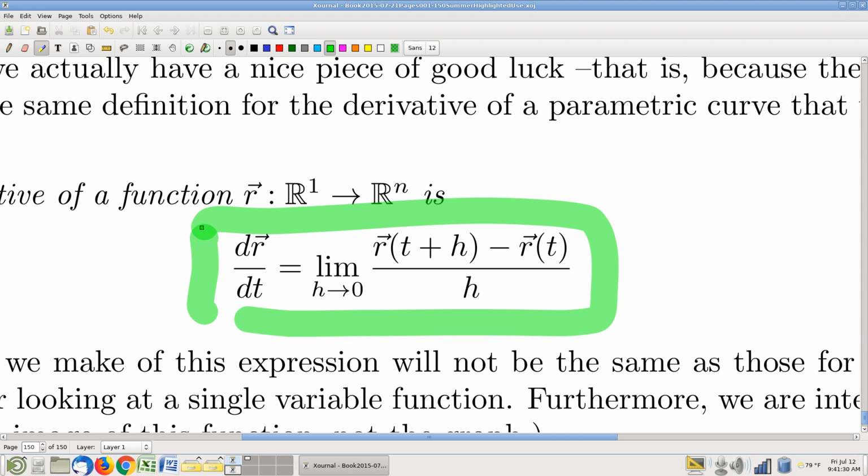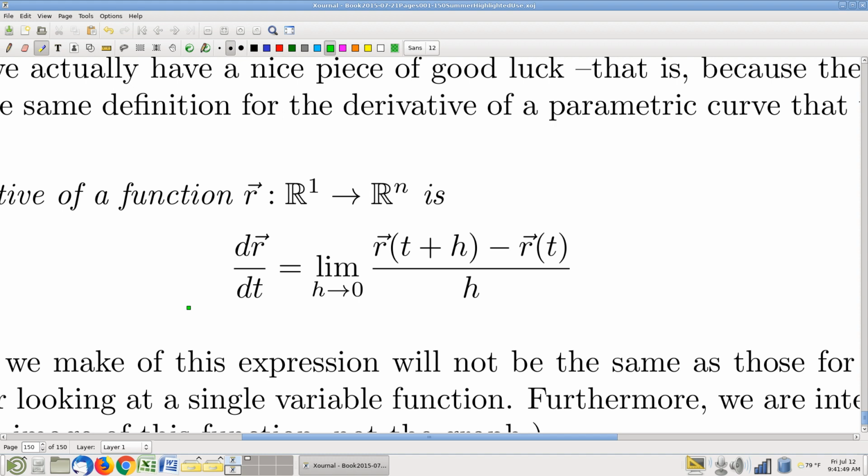We're not looking at a graph. We're looking at a parametric curve. So forget about slope of a tangent line. So we need to figure out algebraically how does this definition behave, and geometrically what does it mean? What does it look like? Is this geometrically natural? Is it physically natural? Things like that. Okay. All right, and so it turns out there's good news, answers to all of these questions.